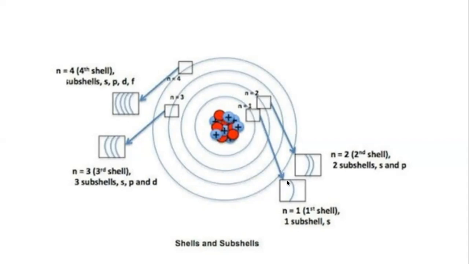If we zoom in, we can see that the first shell only has one subshell, which is S. When we look at shell number 2 and we zoom in, we can see that we have now two subshells, an S and a P. When we look at the third shell and we zoom in, we see now that there are three subshells, S, P, and D. And lastly, when we look at the fourth shell, the largest one here, it can accommodate S, P, D, and F subshells.